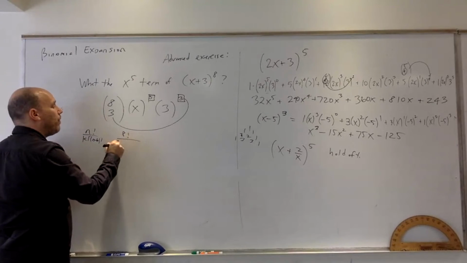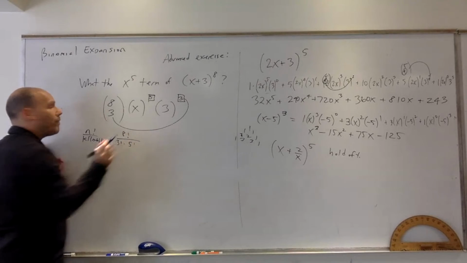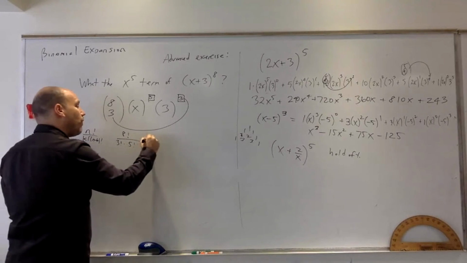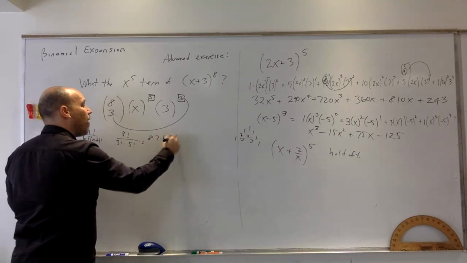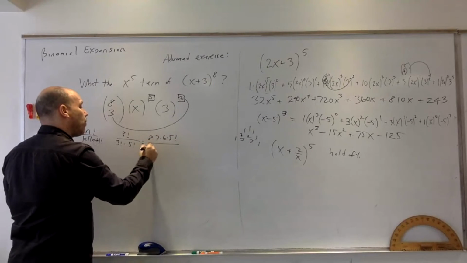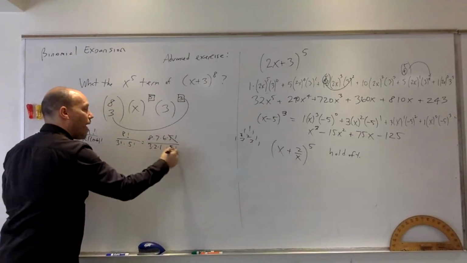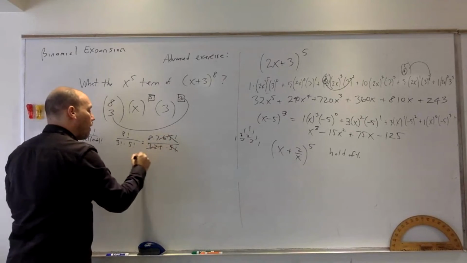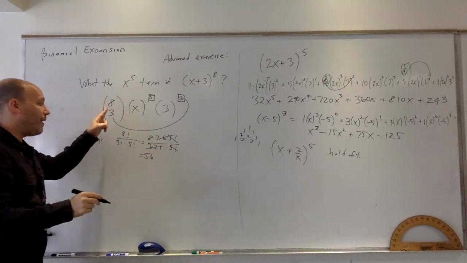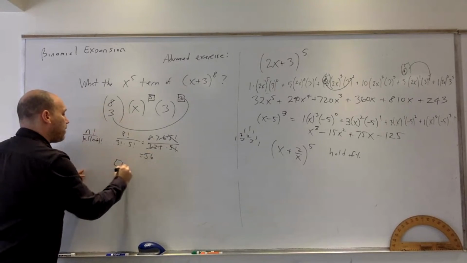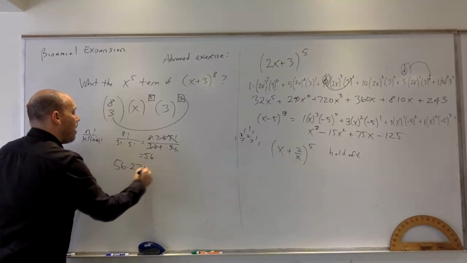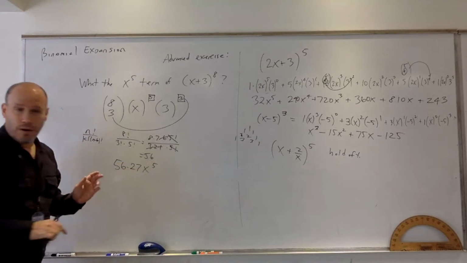So it's 8 factorial over 3 factorial times 5 factorial. So we have 8 times 7 times 6 times 5 factorial over 3 times 2 times 1 times 5 factorial. This goes out with that. This goes out with that. We're left with 56. Final answer, 56 times 27, x to the 5th.